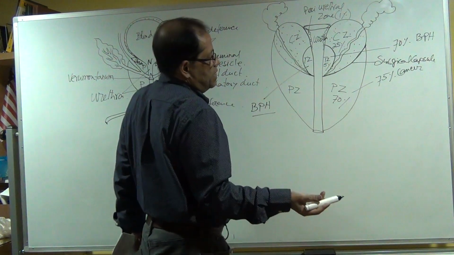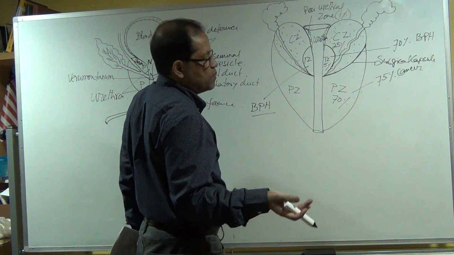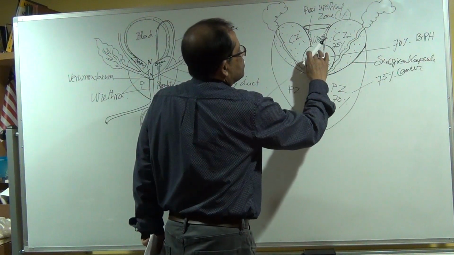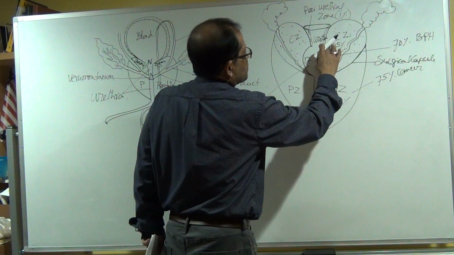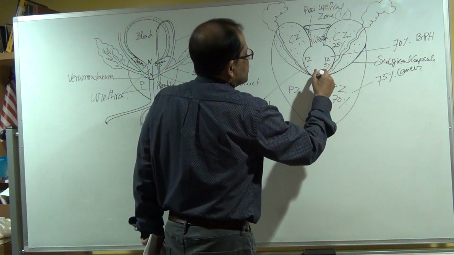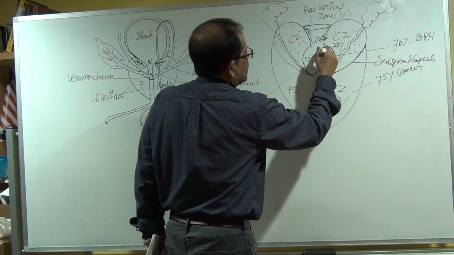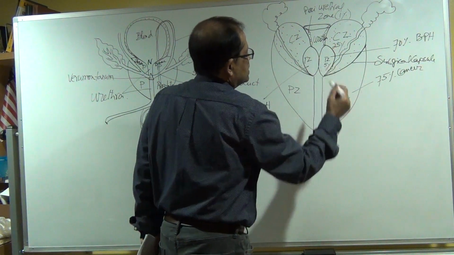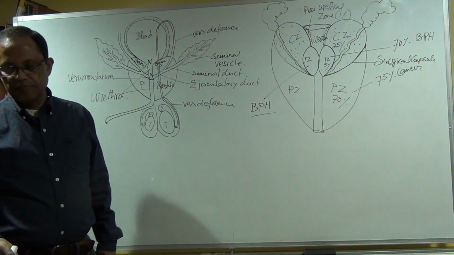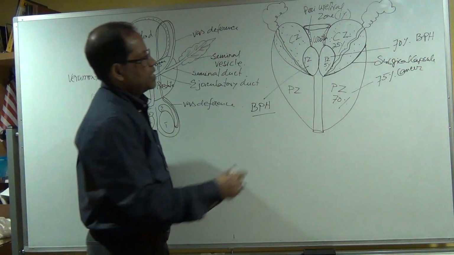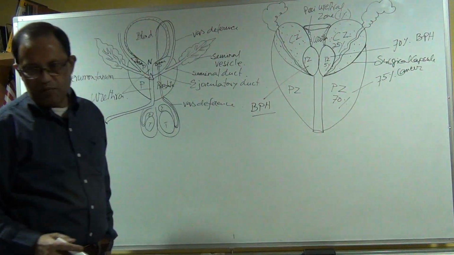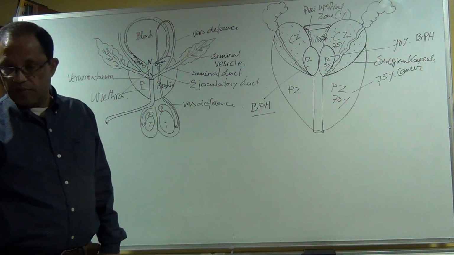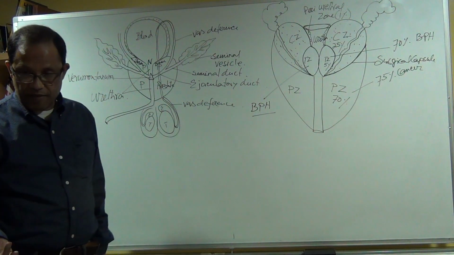So then what happens? If it happens, what is the problem? The problem is it will push and compress the urethra. You got it? So then how will a man pee out? They can, and it's not going to happen overnight.